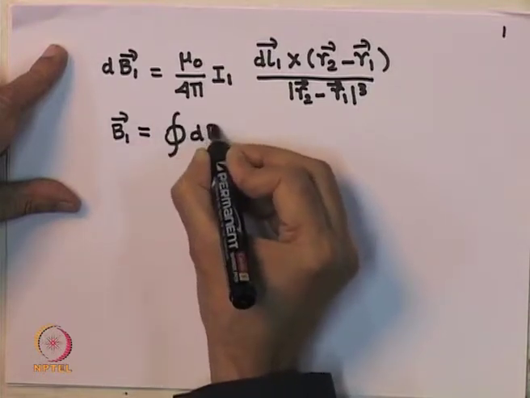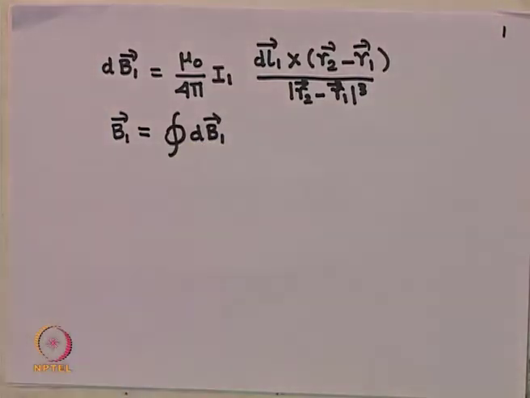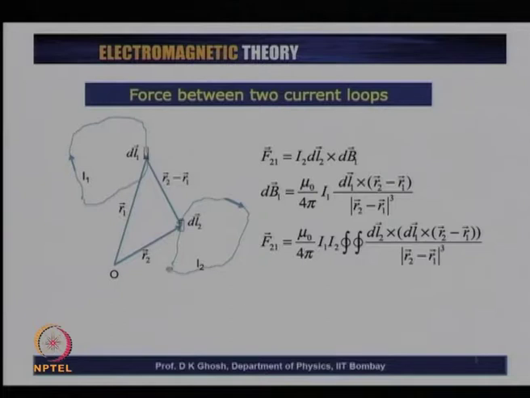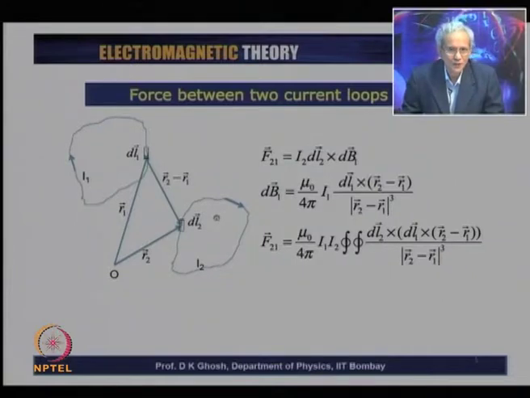So, integral of dB1. Now, what we are trying to say is this, that since this circuit creates a magnetic field at each point of this second circuit, which is carrying a current I2, and I know that the current is due to moving charges, and we have learned that if there is a magnetic field, a charge will experience a sidewise force, and that is the Lorentz force, and as a result, this current carrying conductor, since there are moving charges in it, will experience a force.